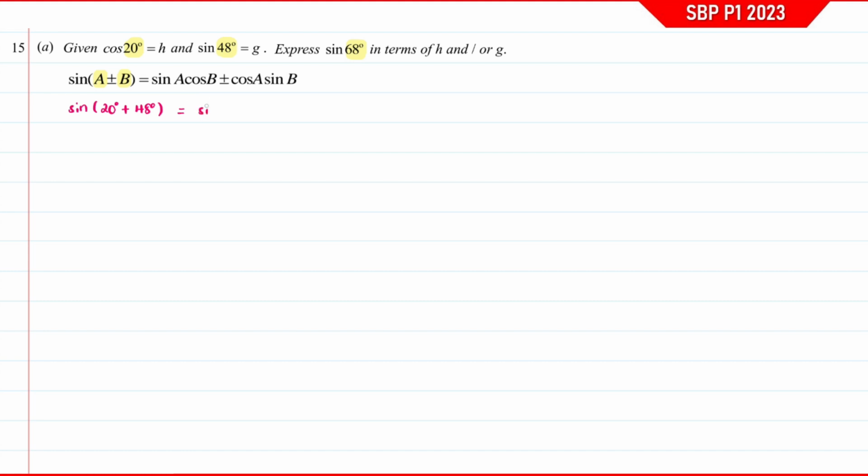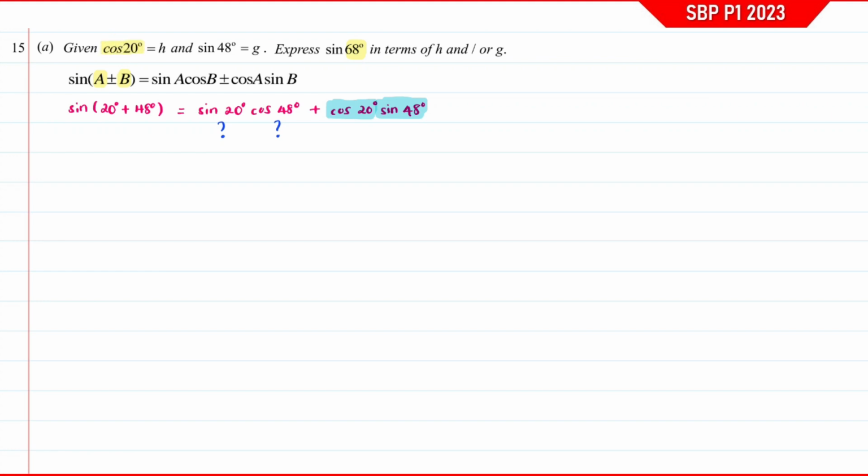So this is equal to sin 20 times cos 48 plus cos 20 times sin 48. So for the part cos 20 degrees, we already know that this is equal to h. And for the sin 48, this is equal to g. So now we need to find what is the sin 20 degrees and the cos 48 degrees.